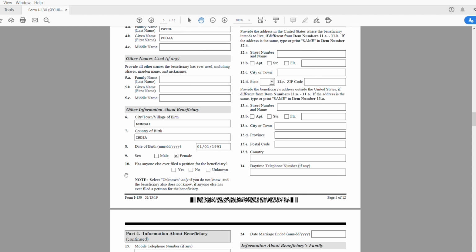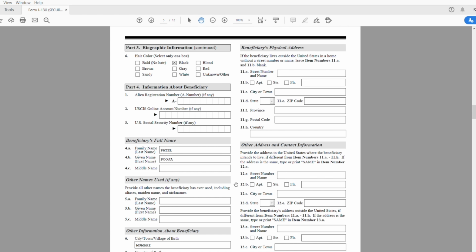Select unknown only if you do not know, and the beneficiary also does not know if anyone else has filed a petition for the beneficiary. So make sure you ask the beneficiary if they know of any filed petitions in the past. For the case of our example, no one has filed a petition for the beneficiary.